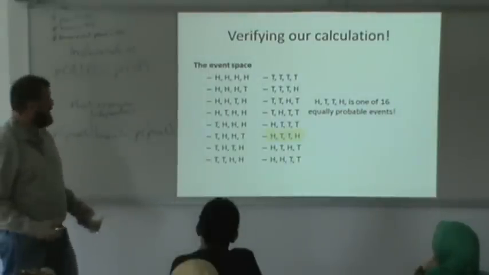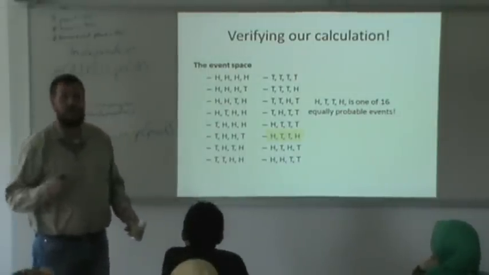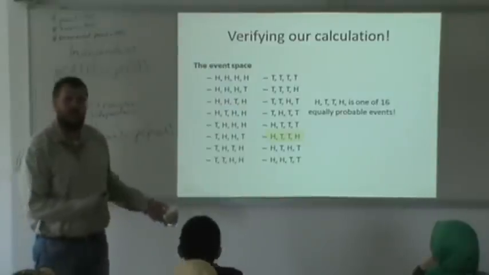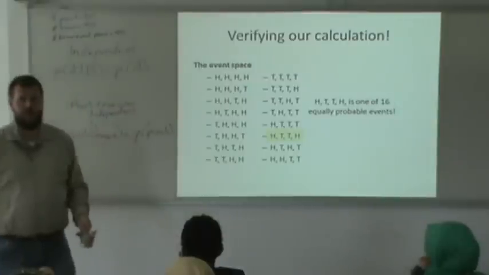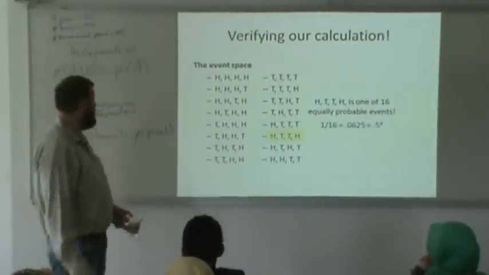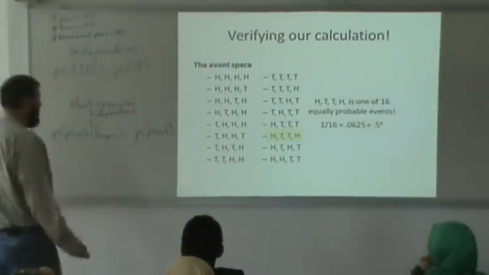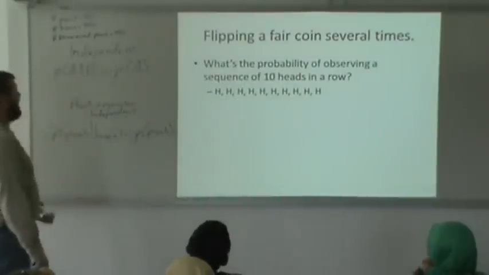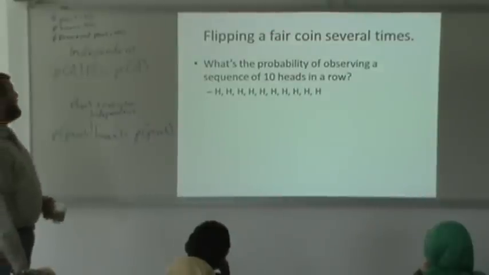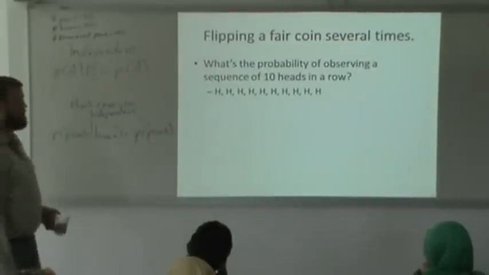So 1 out of our 16 possible, equally probable events is the one that we were looking for. So since we know that, what can we do? 1 over 16. Wow, we get it. Yeah! So it works.